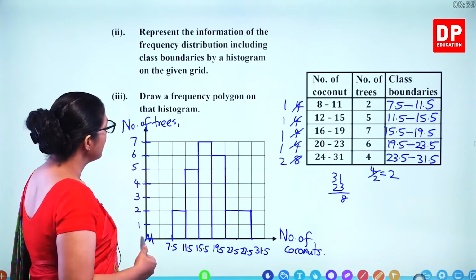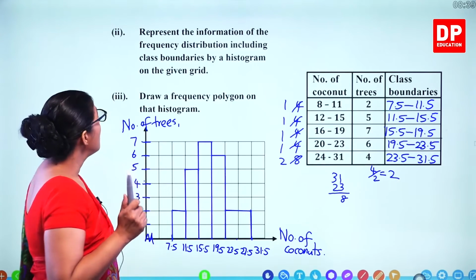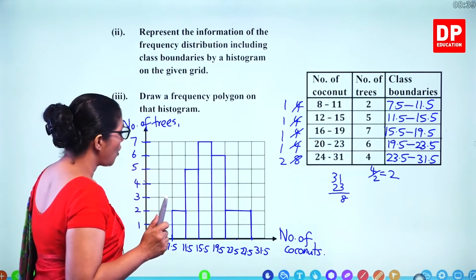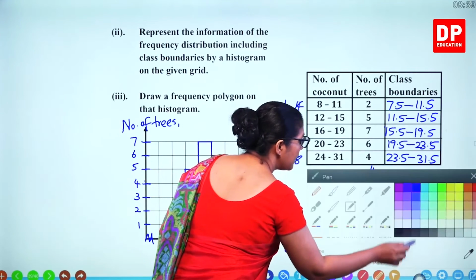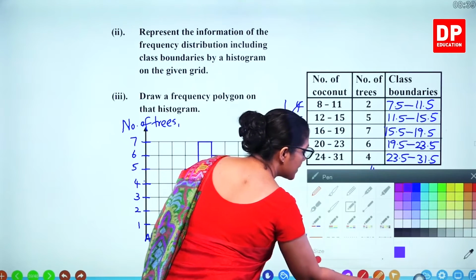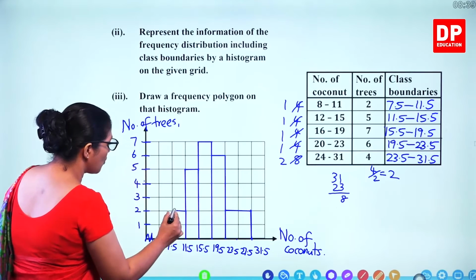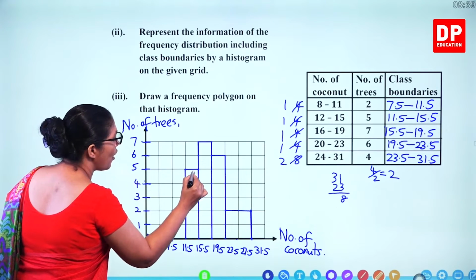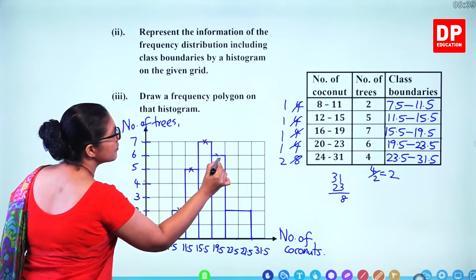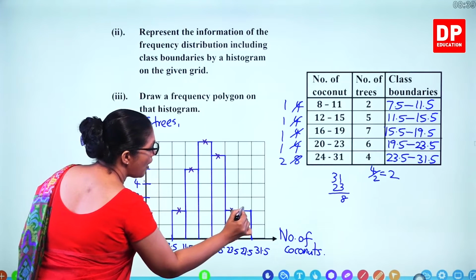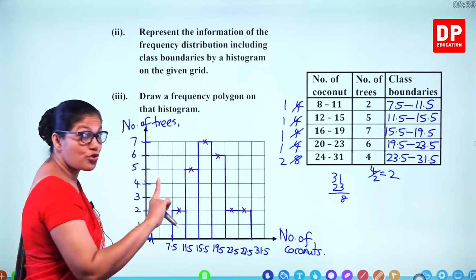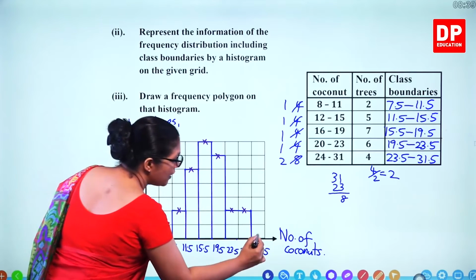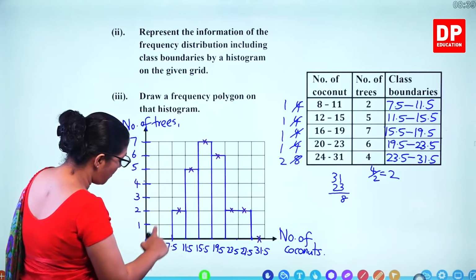So this is the histogram. Now we have to draw the frequency polygon. How do you draw the frequency polygon? You have to mark the midpoints of the bars. For each bar you mark the midpoint. Then mark the midpoint of the next interval and the previous one.